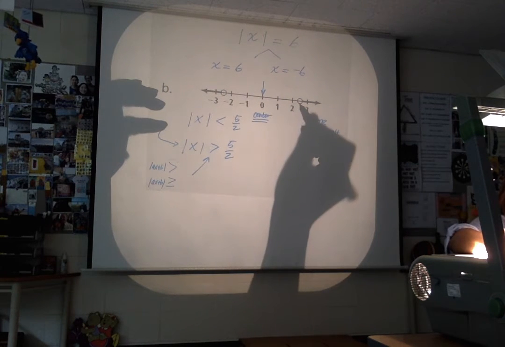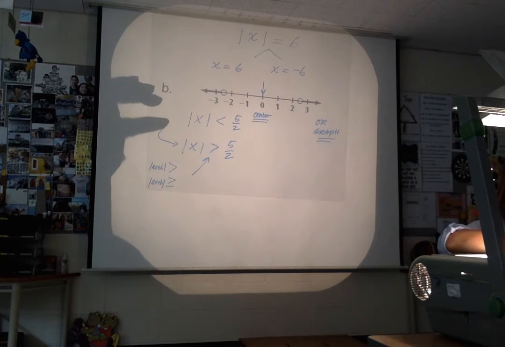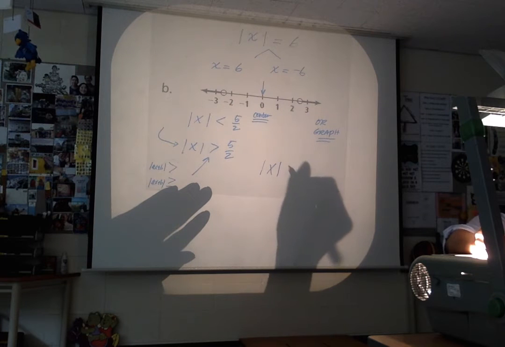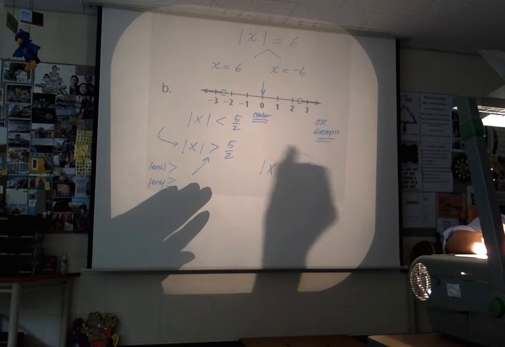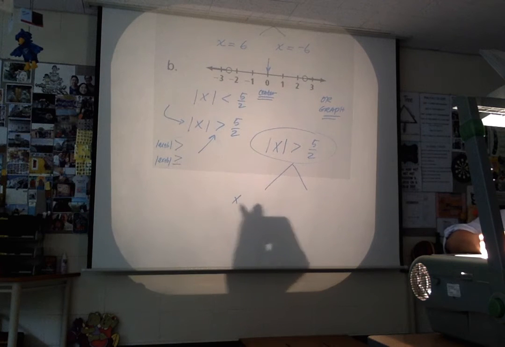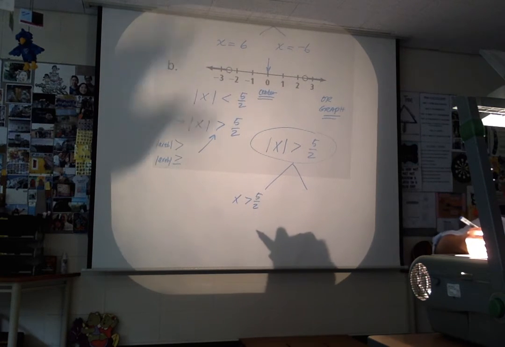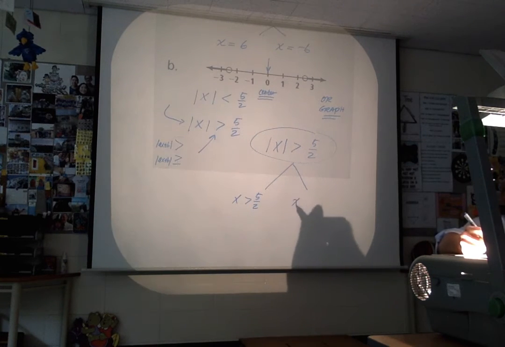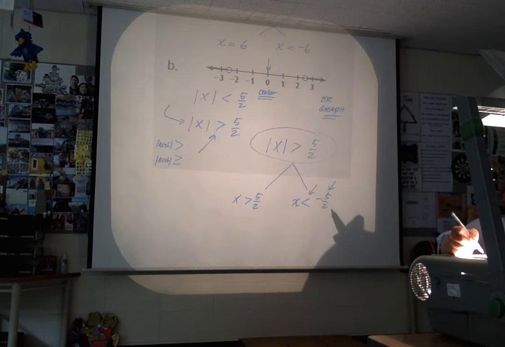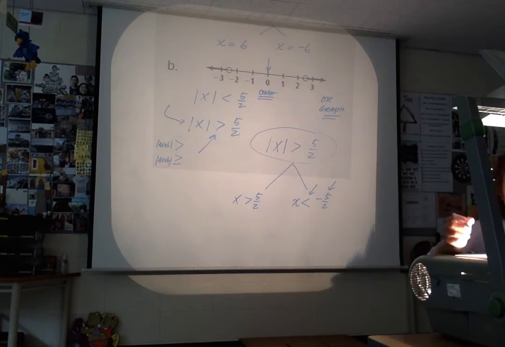And it's 5 over 2 to the left, 5 over 2 to the right. So we know our answer is x is greater than 5 over 2. And try solving it, you guys. Branch out. X is greater than 5 over 2. Is that true? Yes. And x is less than, so we flip that, negative 5 over 2. And is that true? Yes, x is less than negative 5 over 2.